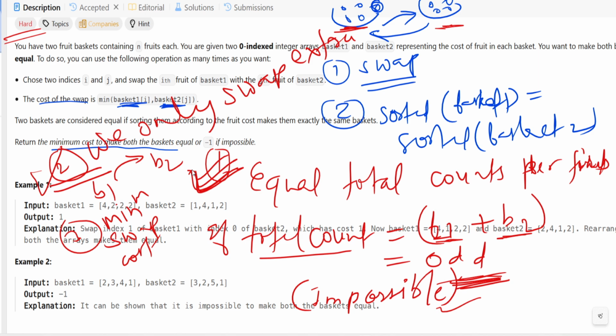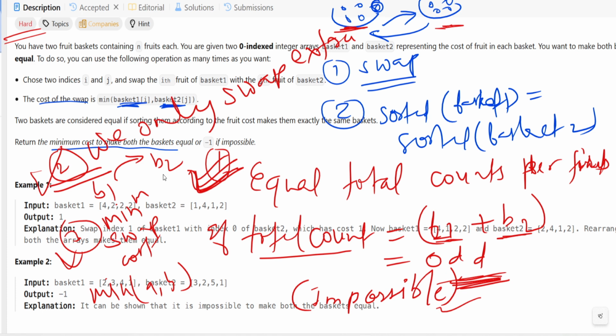Let's call each swap's fruits a and b, a fruit in basket 1 and b fruit in basket 2. The swapping cost is the minimum of a and b.